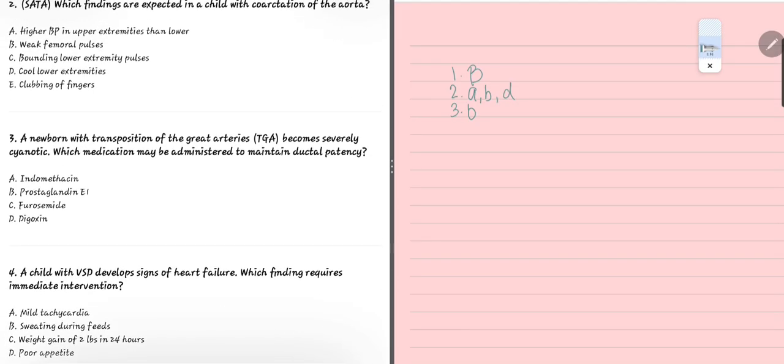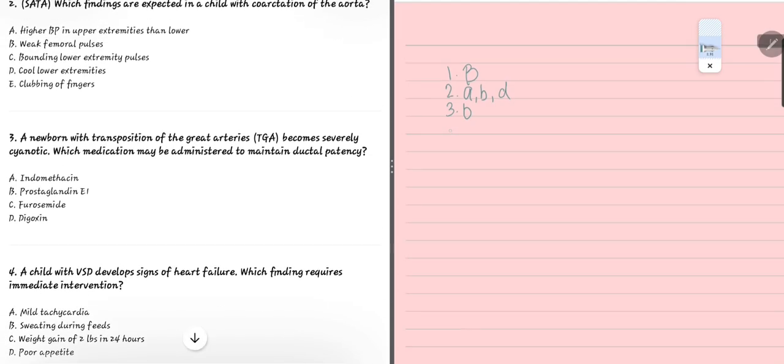Okay. Number 4. A child with VSD develops signs of heart failure. Which finding requires immediate intervention? A. Mild tachycardia. B. Sweating during feeds. C. Weight gain of 2 pounds in 24 hours.